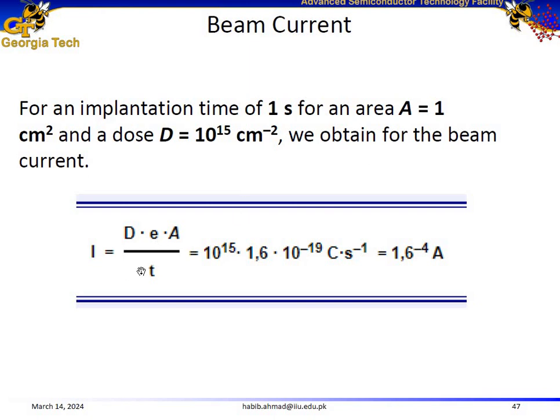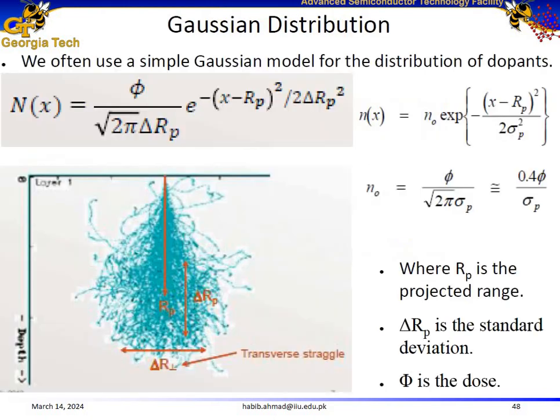And here is how we calculate the beam current. I is equal to the dose times the charge on the electron times the area of the wafer divided by time. Now dose is in per centimeter square and area is in centimeter square, so they cancel out. The net unit is coulomb per second, which is the unit of current in amps. So it is a really simple formula to calculate the beam current.